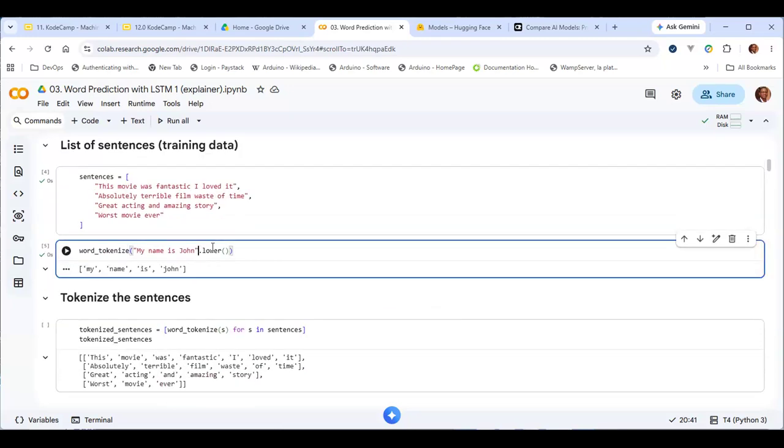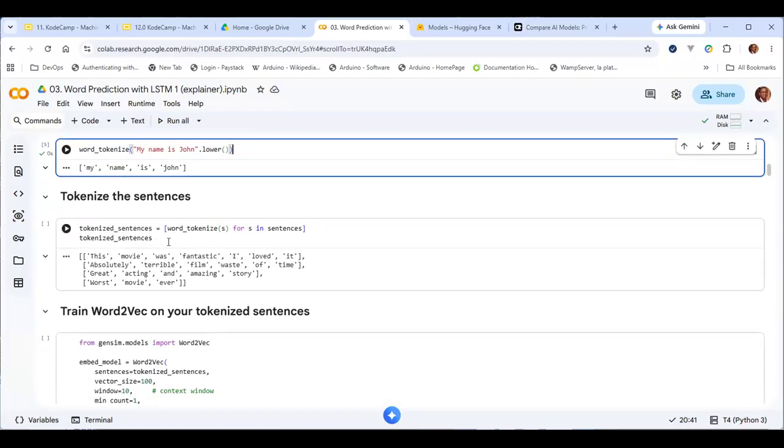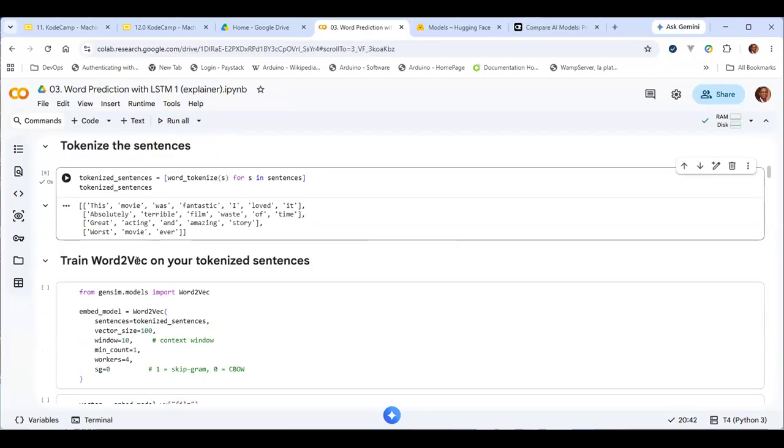And then I also use lower here to make everything lowercase so that it is stable. To tokenize the entire set, you take each sentence and tokenize it with word tokenize. When you do that, you now have 4 lists of words. Each list contains the tokenized version. So this is tokenization. We've not done embedding yet.